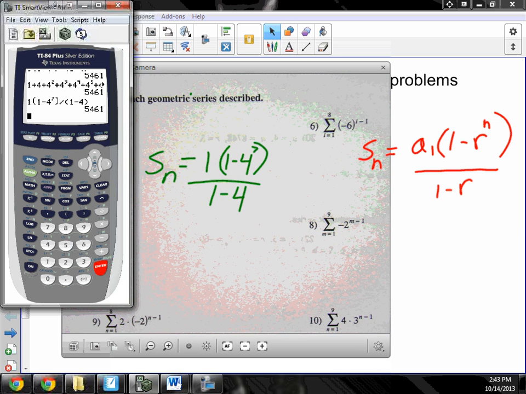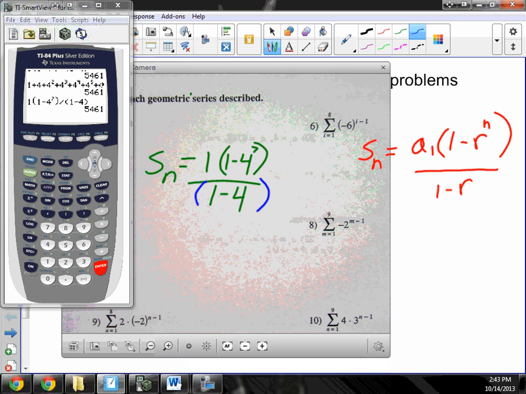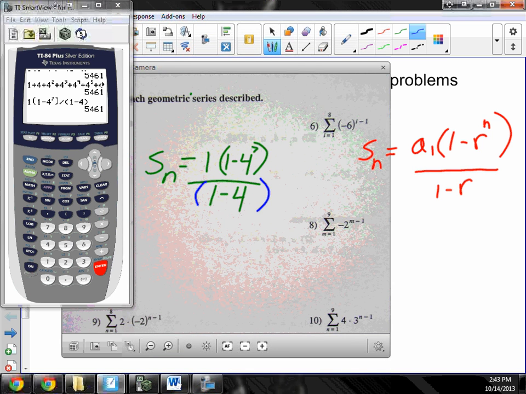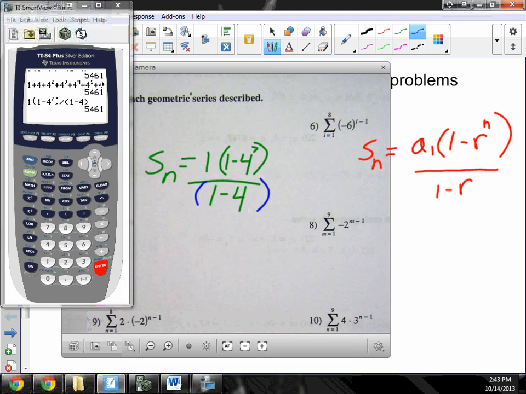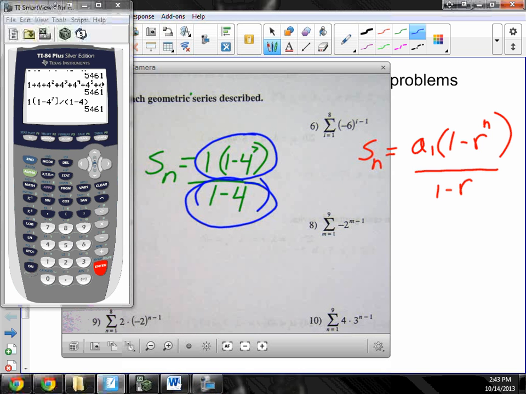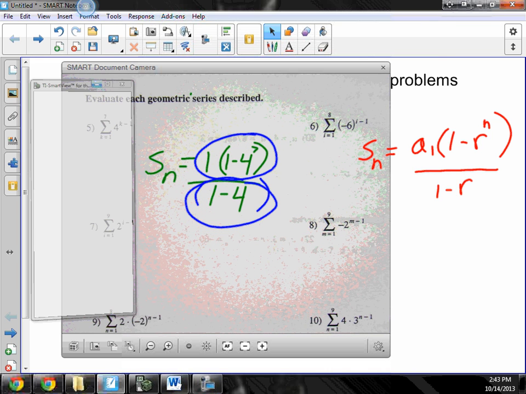You didn't put parentheses around your 1 minus 4. So if you forget parentheses here, you're going to divide by 1, which doesn't do anything, and then you subtract 4 from your answer. But you actually want to divide by negative 3. So make sure that you put parentheses on both the top and the bottom. Or you can do it piece by piece. You could calculate the top and then calculate the bottom, but then you'd have to type them in, and nobody likes to do that.